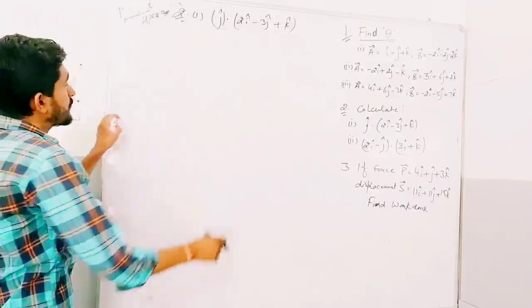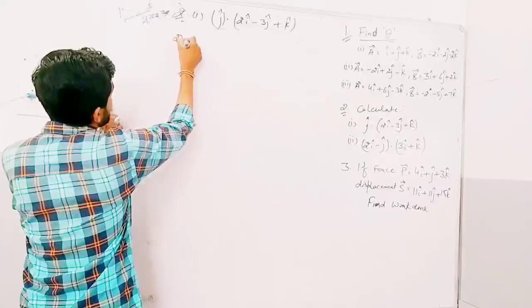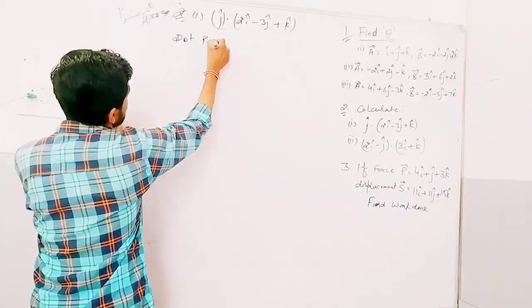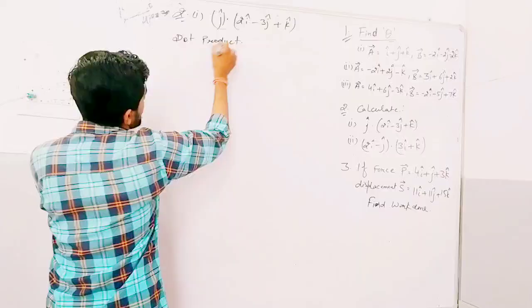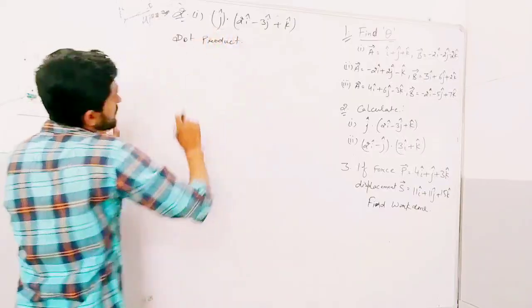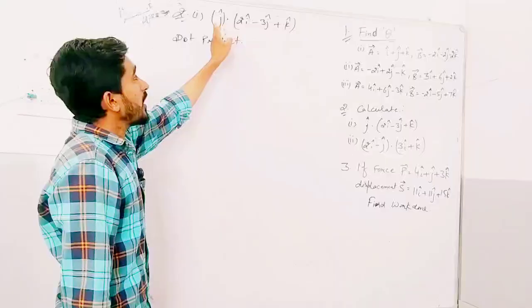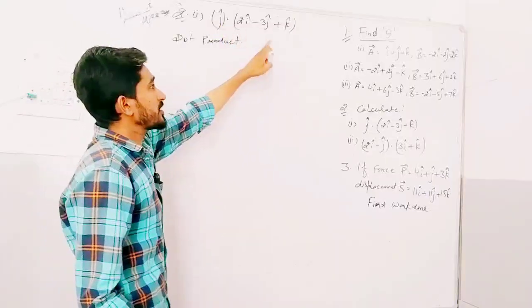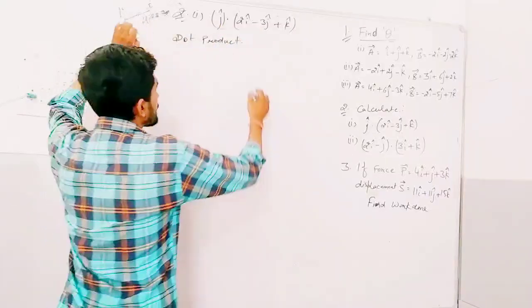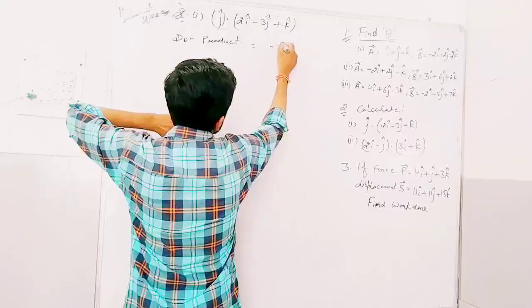Let's find out the dot product first. This is very simple. j dot i is 0, j dot k is 0, j dot j gives minus 3.